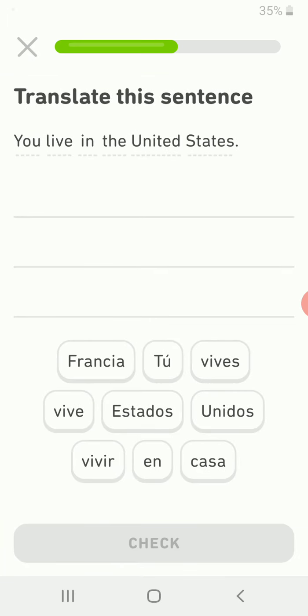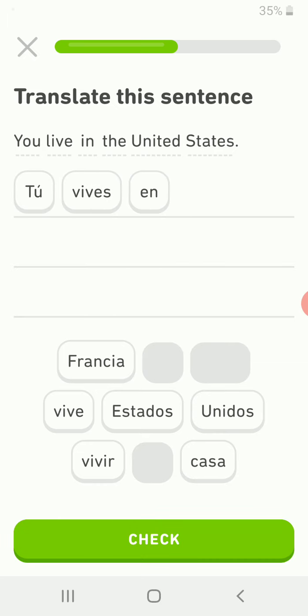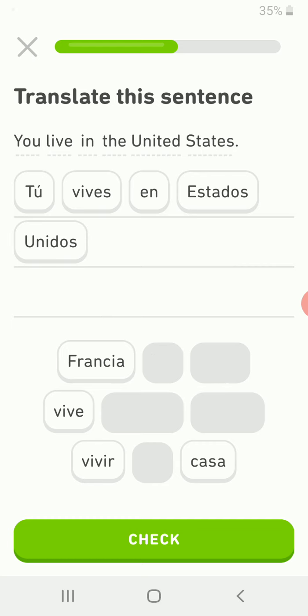And do you live in the United States? ¿Tú vives en Estados Unidos? I wonder why it's not written, for example, tú vives en los Estados Unidos. I think it's because of this preposition, in.